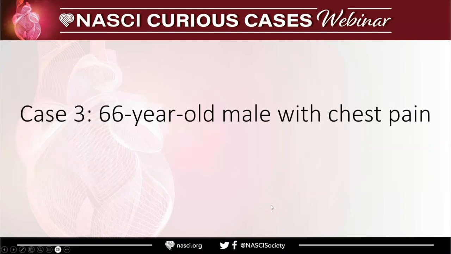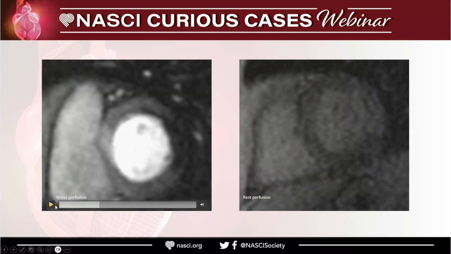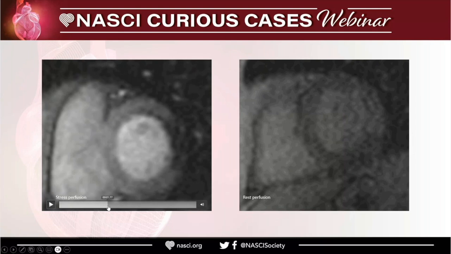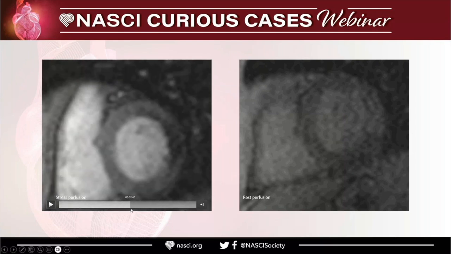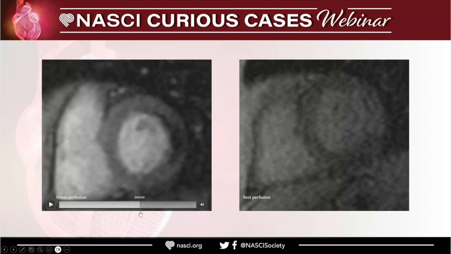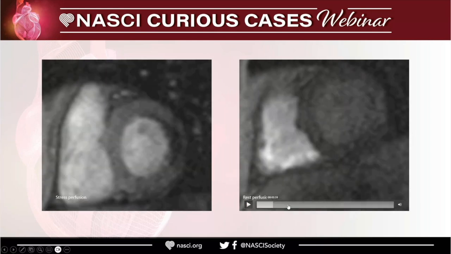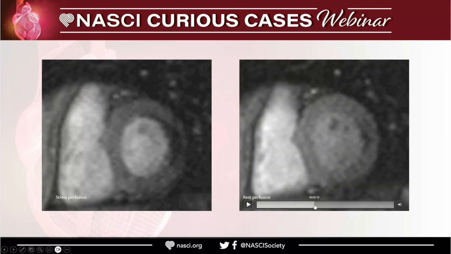This is amyloid. So I'll go quick, so you all know it. This is a 66-year-old male with chest pain. I'll go slow here. So this is the stress perfusion. I'll keep the stress perfusion here, and you see the extent, and this is the rest perfusion. So how do you want to comment?